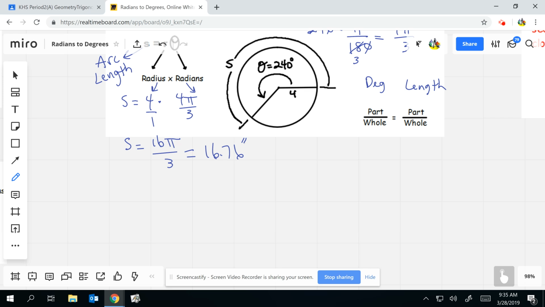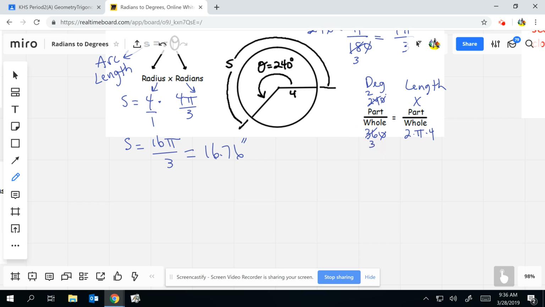Now I want to show you that your geometry would have still worked. You could have put in the 240 for degrees over the 360, your part over your whole in degrees, and the part of the circle is what we're looking for. That's our x. The whole circle would be 2 times pi times 4. That would be your circumference formula, 2 pi r. So again, I would reduce, divide by 10, get rid of the zeros. 24 and 36, you can divide by 12 and get 2/3.